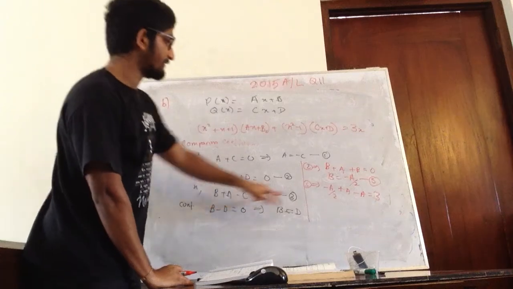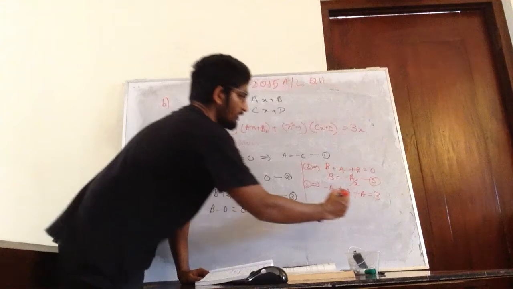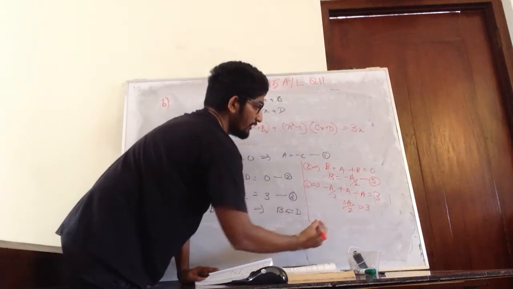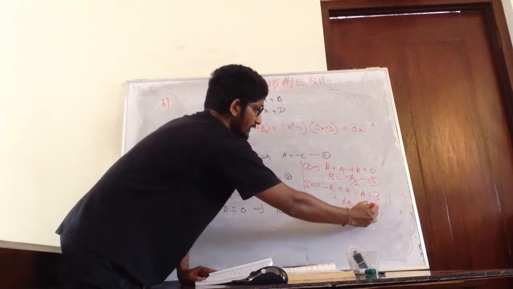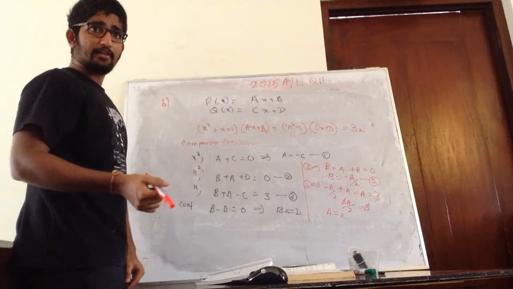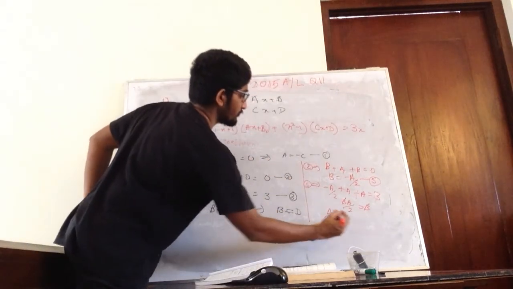So this is going to be 3A over 2 equal to 3, so A is going to be 2. Since A is 2, C is going to be minus 2.